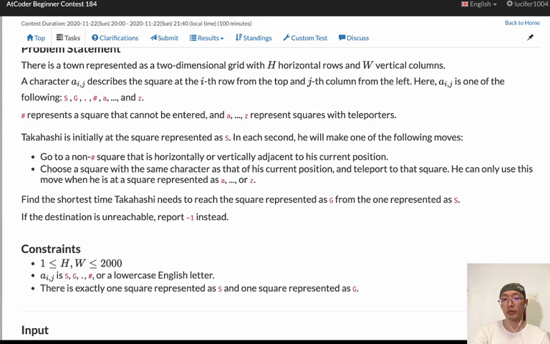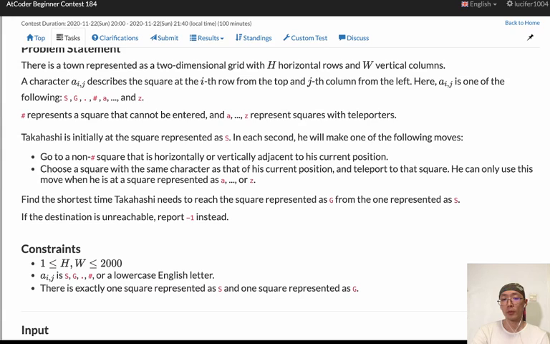Actually, we should observe that each type of teleport, that means each lowercase character, can only be used once during our breadth-first search. Why?